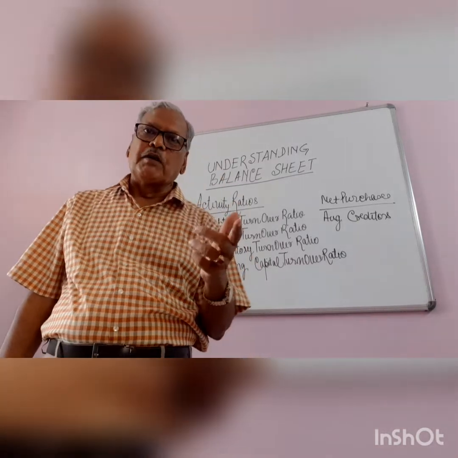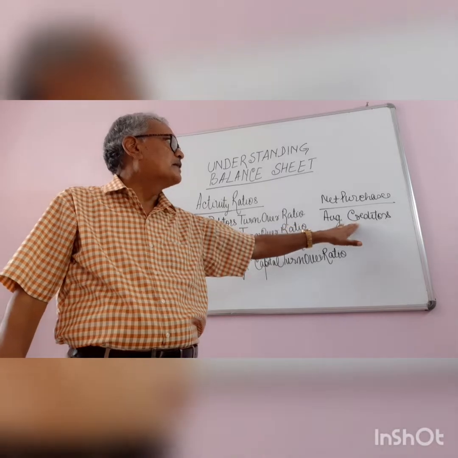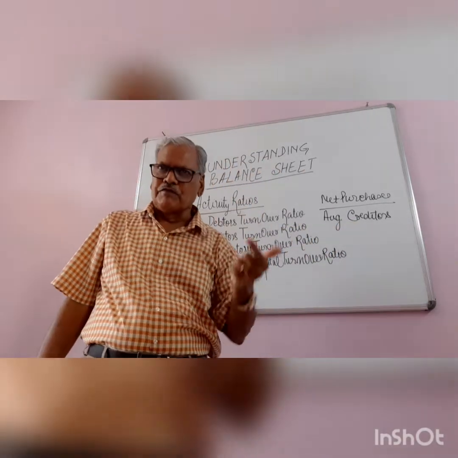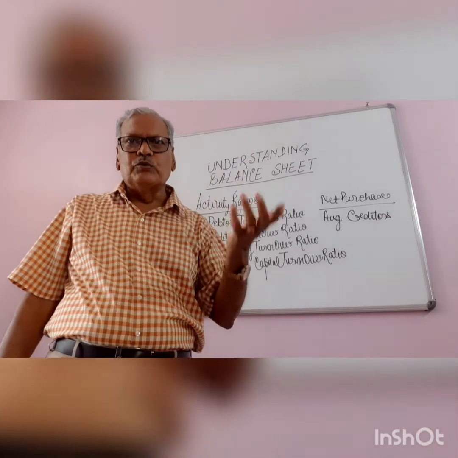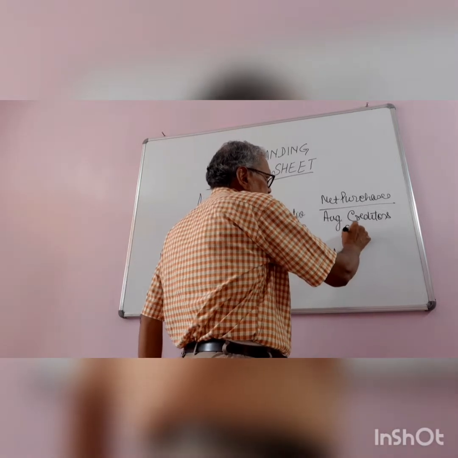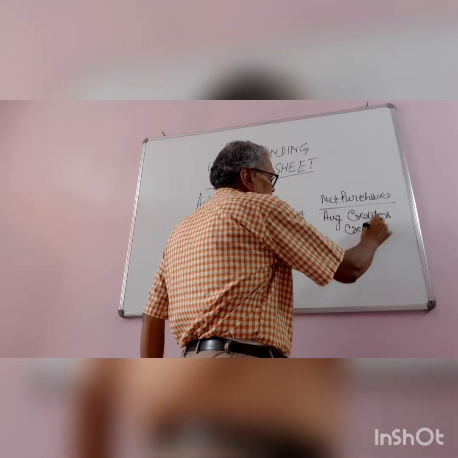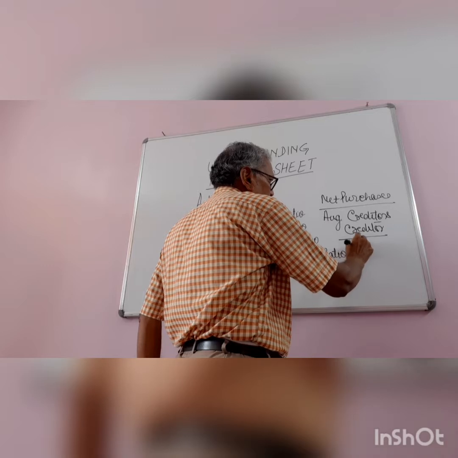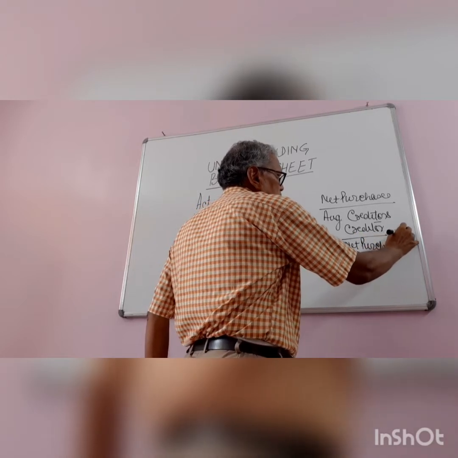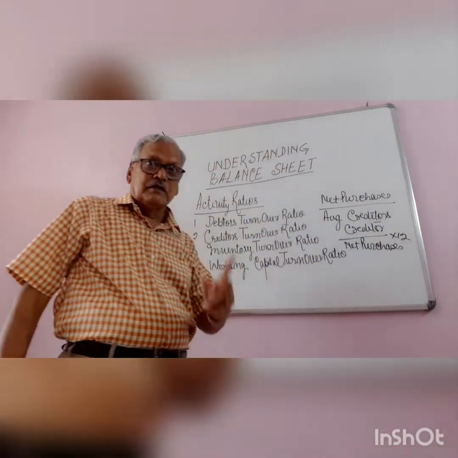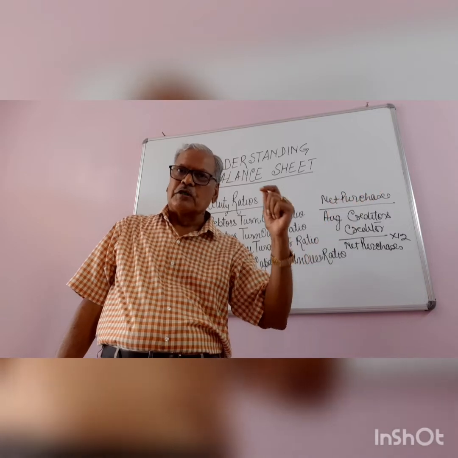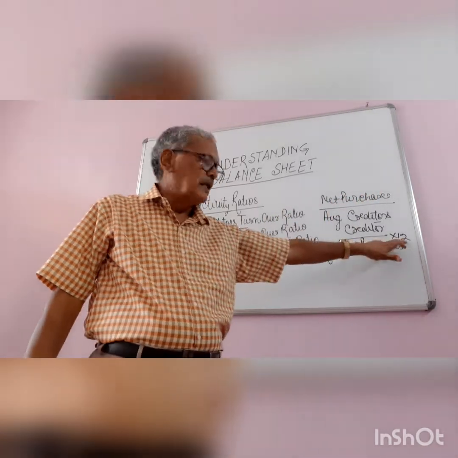But again the problem is that you will not be getting the period in terms of months or number of days. To calculate that, we will reverse it again: creditors divided by net purchases into 12 will give you the payment period, the period in which you are making the payment to your suppliers in terms of months.